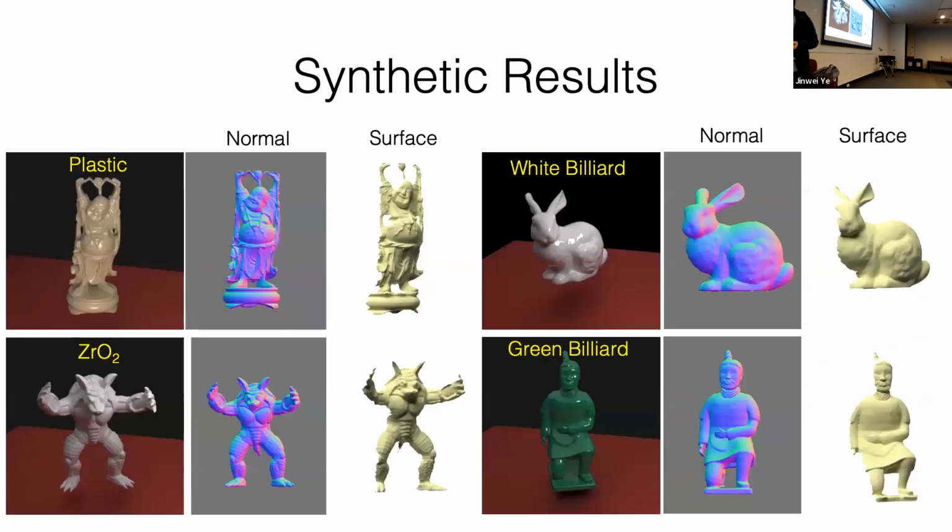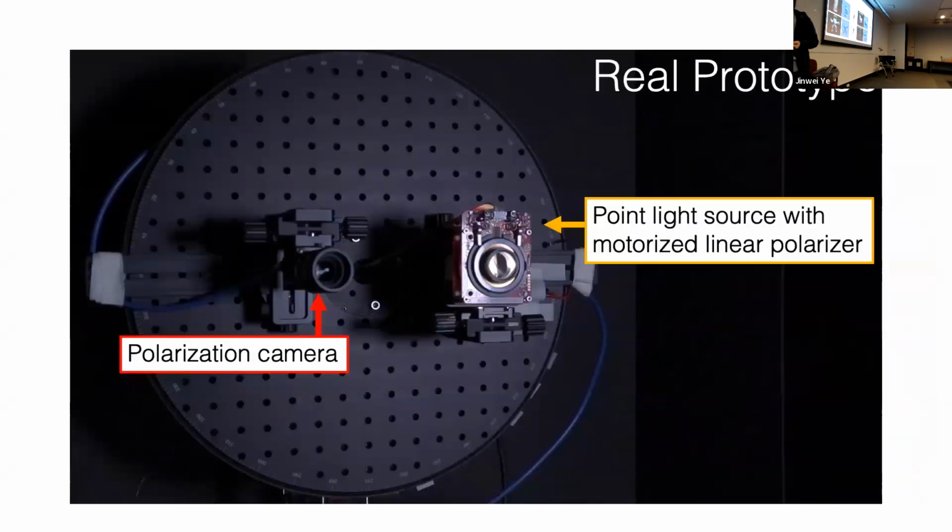Just showing more results. We have also constructed a real system for capturing the reciprocal images. We have the polarization camera here, and this is the light source with a polarizer that is mounted on a motorized plate, because we want to rotate the polarizer for the decomposition.